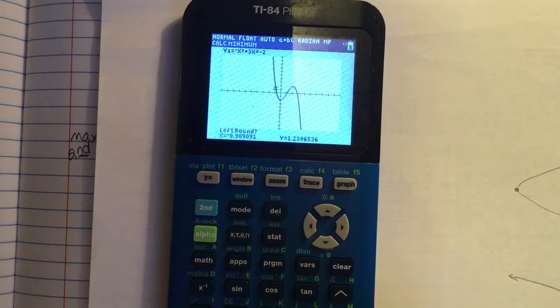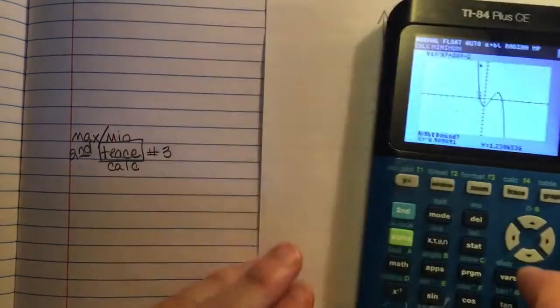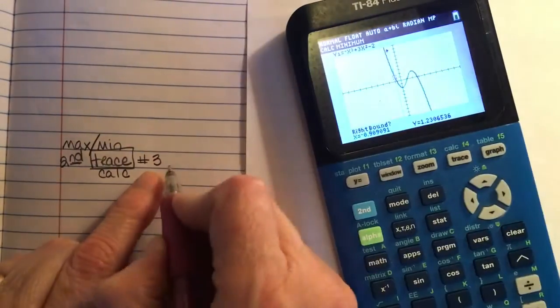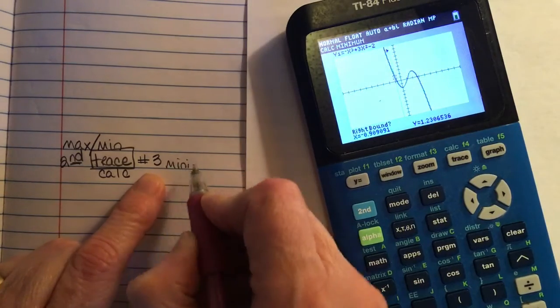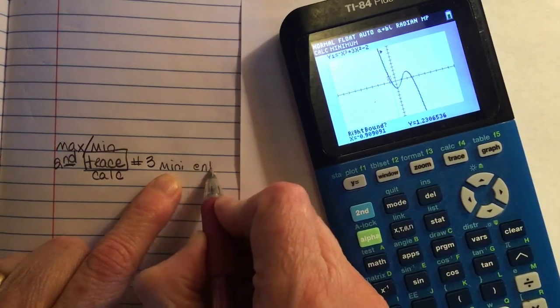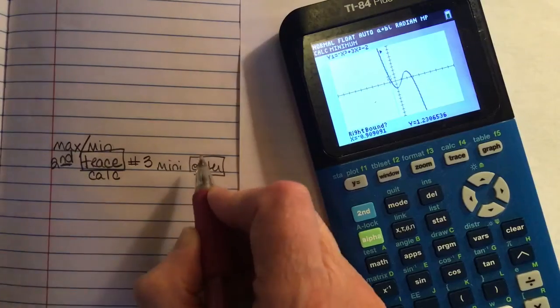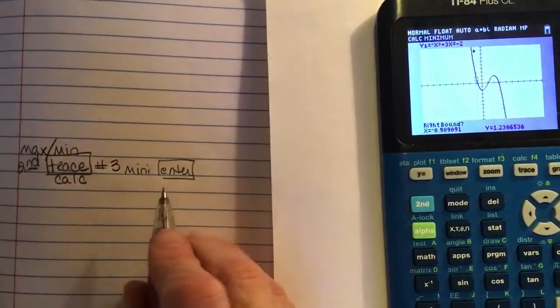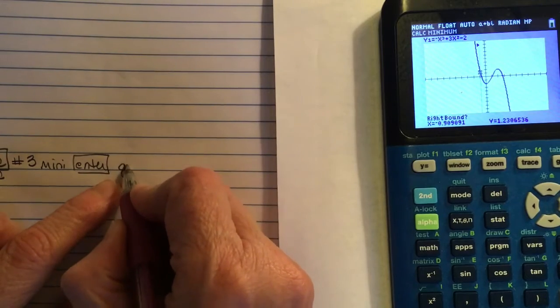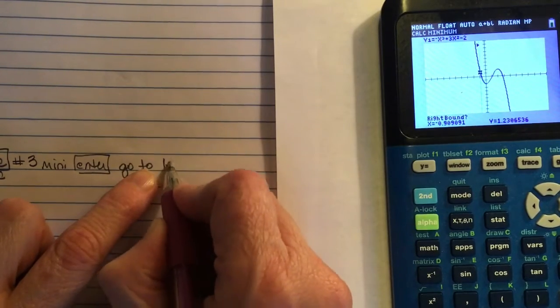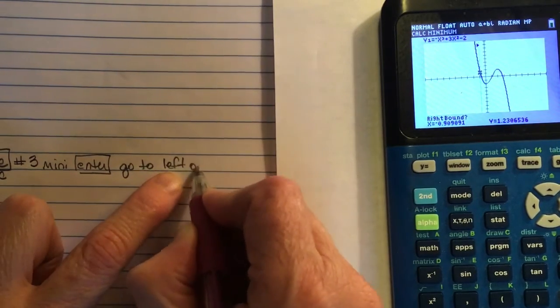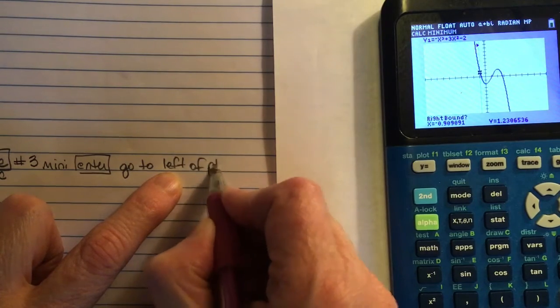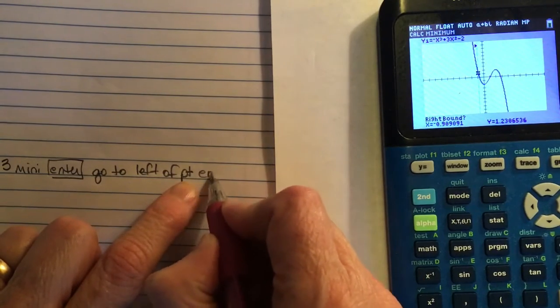And I'm going to hit enter. So we did number 3 minimum, enter, and then we need to go to left of point, and then I'm going to say enter.